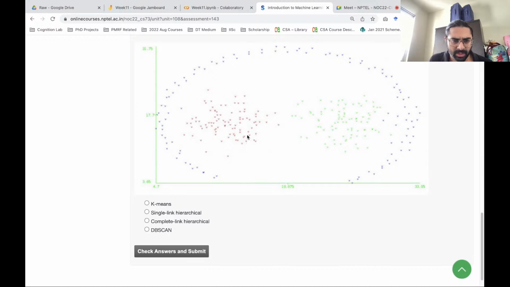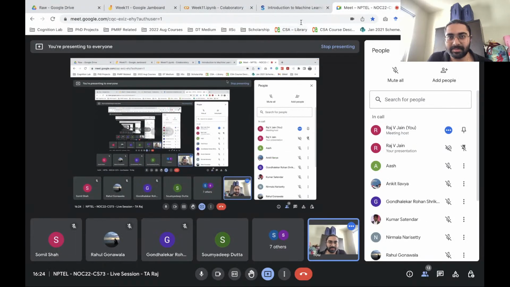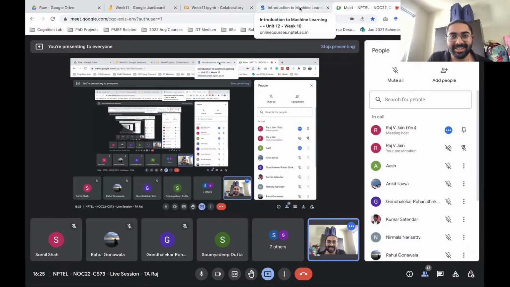Okay. But no takers for K-means, is it? How many of you think K-means could be the right approach here? No one. Okay. Fine.